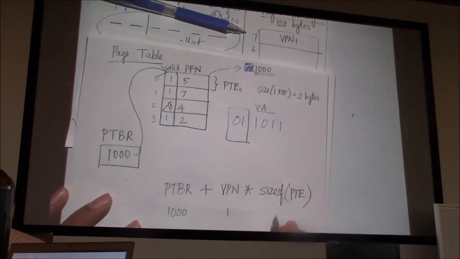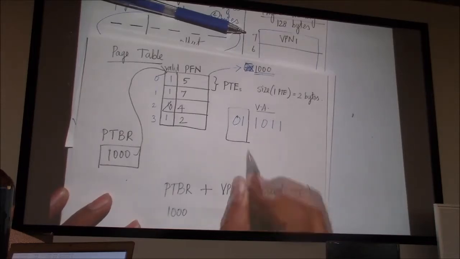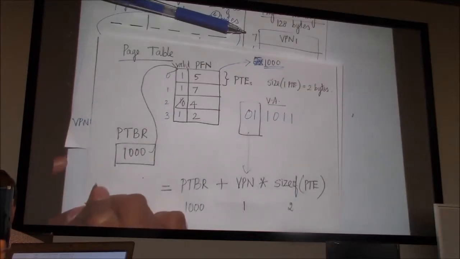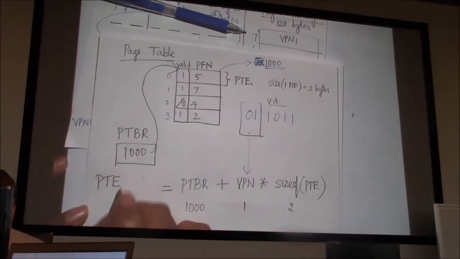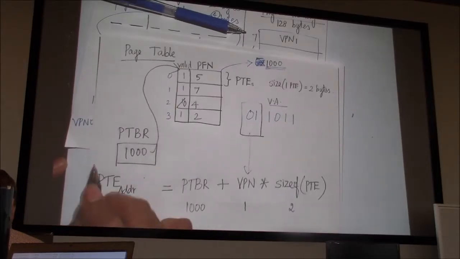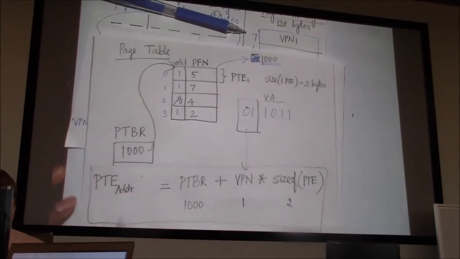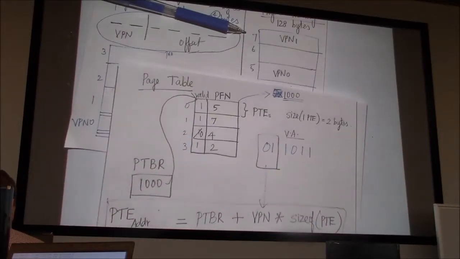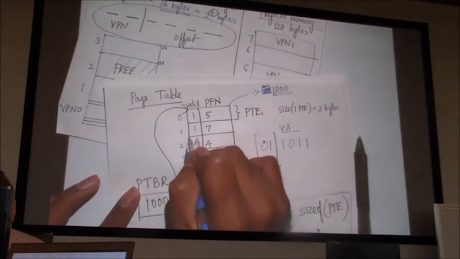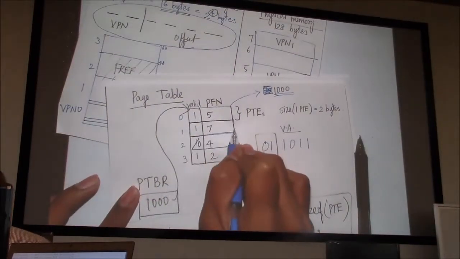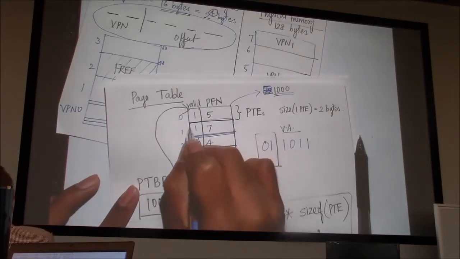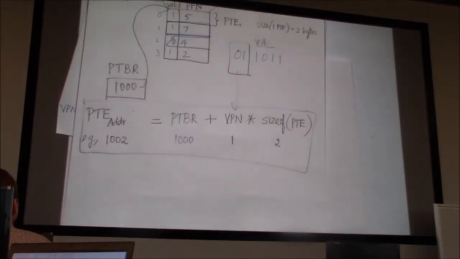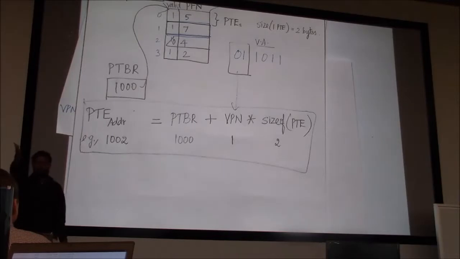In the example we are seeing, the size of a page table entry is 2, and the VPN we are trying to access is just 1, so this will give you the actual page table entry's address. In our example, this address is nothing but 1002, because this particular page table entry, the second page table entry, is present at address 1002. Does this make sense? This is how the hardware figures out where the particular page table entry is.